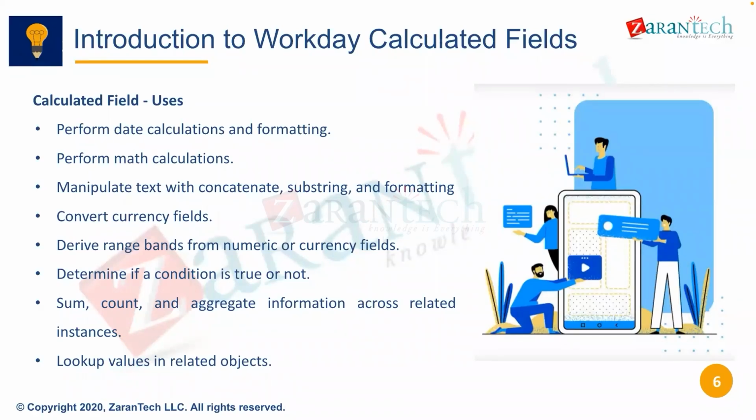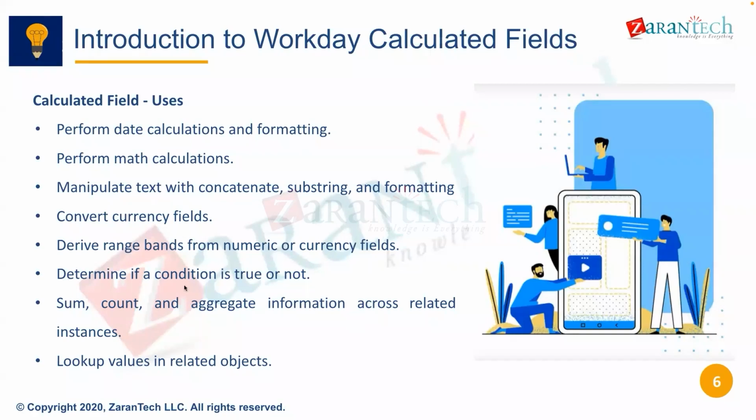If a user has entered the name without capitalizing the first character, I can use the formatting, where I can format the name text field to look in the right format that I want. Convert currency fields: I'll always have the option to convert from one currency to another using calculated fields.